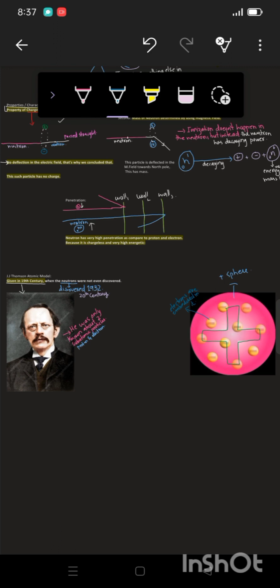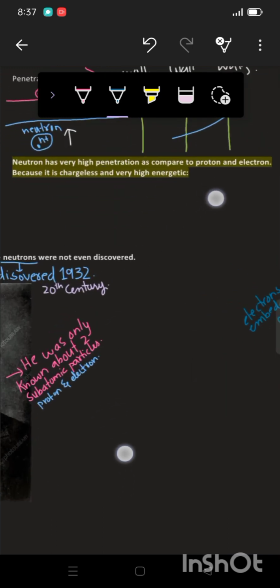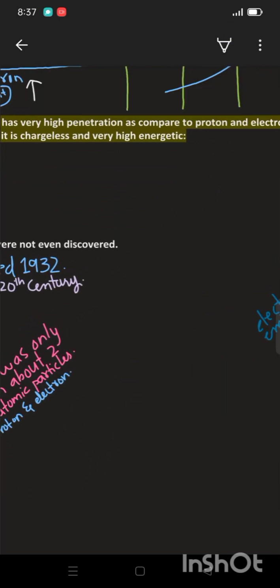The first was that the atom is made up of a positive sphere, right? It is not made up of a sphere which contains the positive charge, but he said an atom is made up of a positive sphere. So I should write this here.